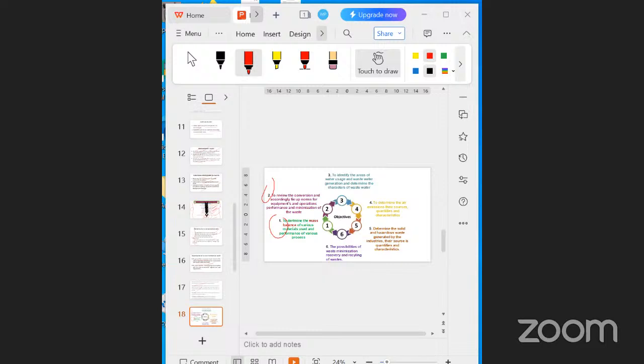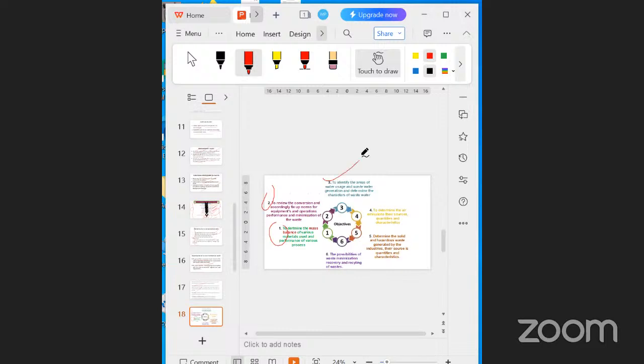And the third one is to identify the areas of water usage and waste water generation and determine the characteristics of waste water, right? And the fourth one is to determine the air emissions, their sources, quantities, and also characteristics.